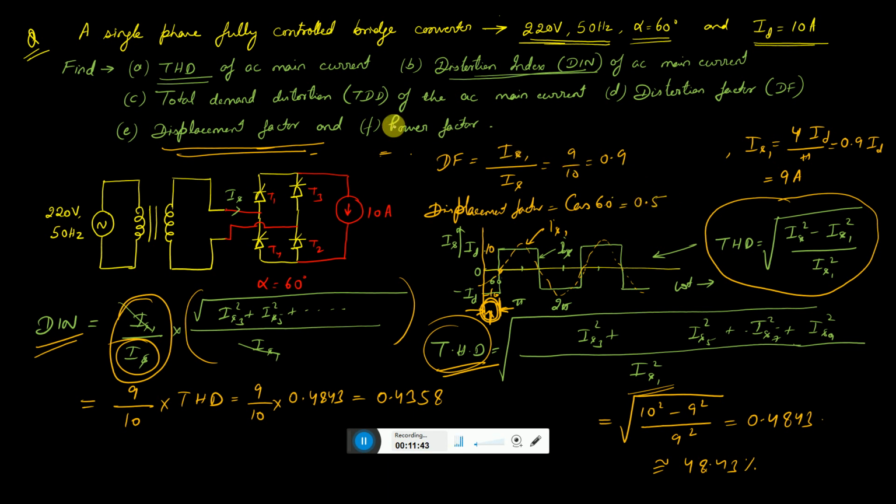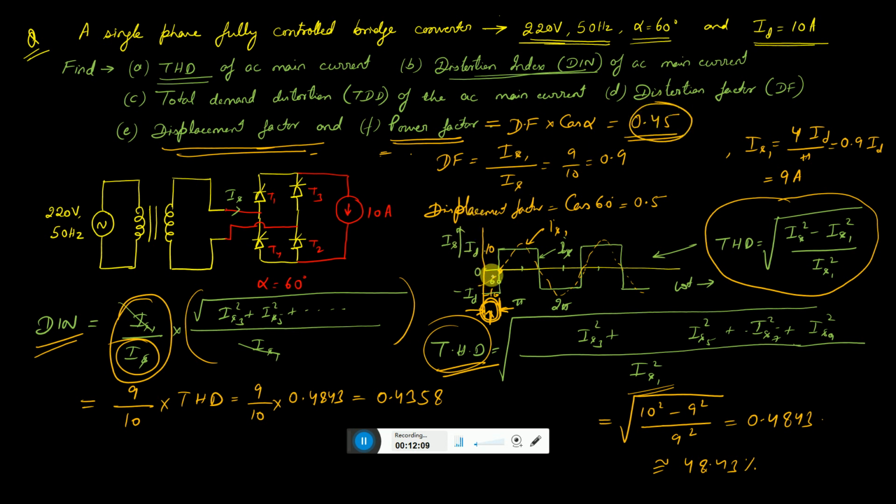Now, what is the power factor of the AC input current? The power factor is nothing but the distortion factor into the displacement factor cos of alpha, and that will be nearly equal to 0.45. Now you can see that the power factor is 0.45.